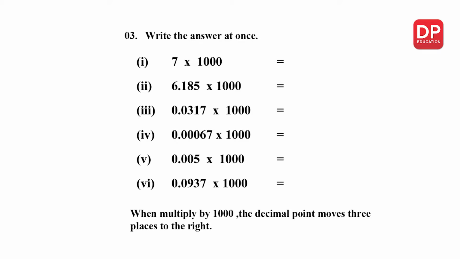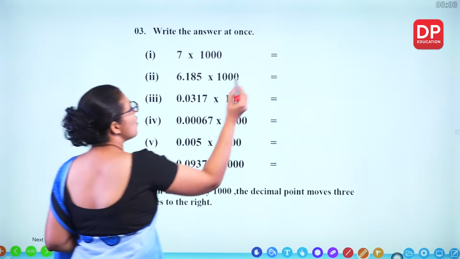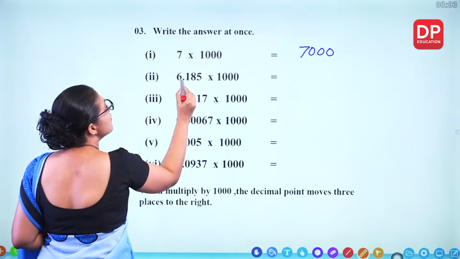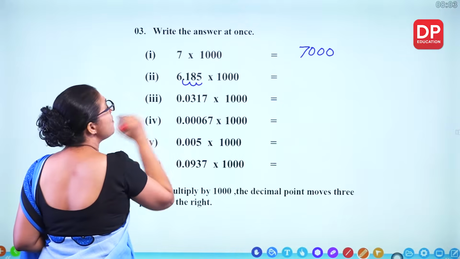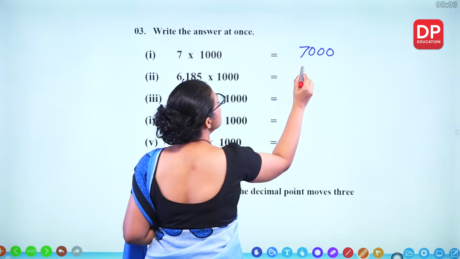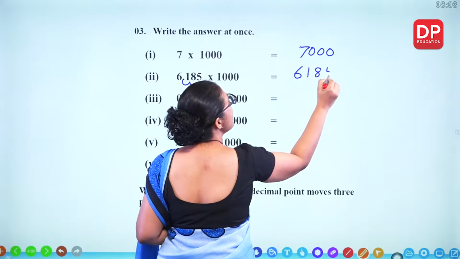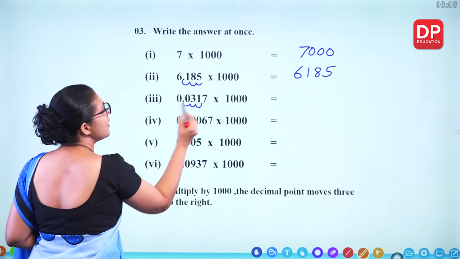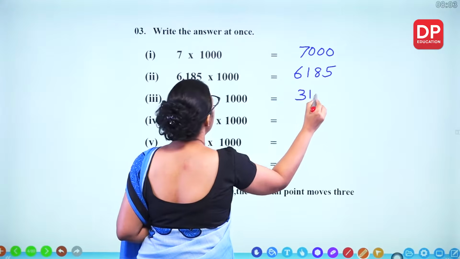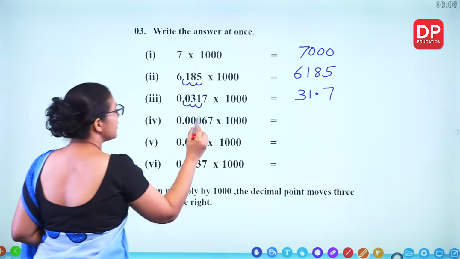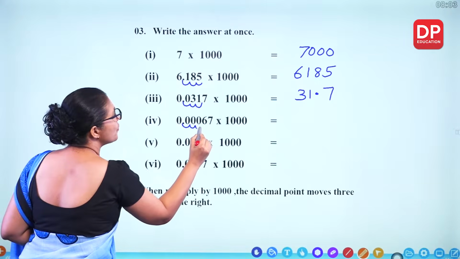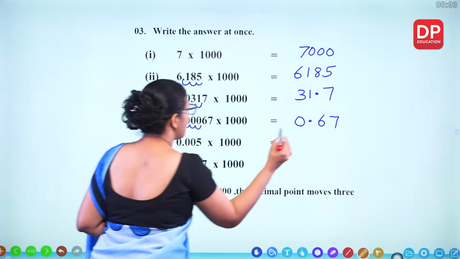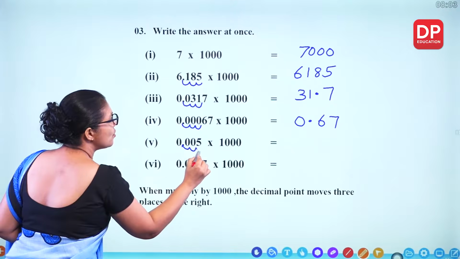Write down the answer at once. Now multiply by 1000. 7 into 1000, 7000. Here, the decimal place moves 3 places to the right now. 6185. This one, 1, 2, 3. 31.7. 3.67. 1, 2, 3.